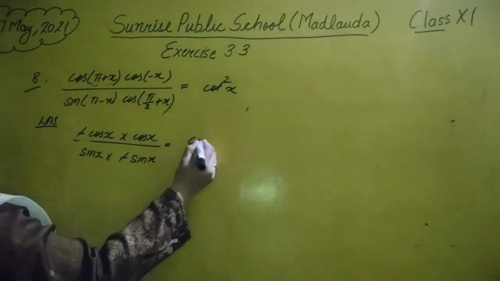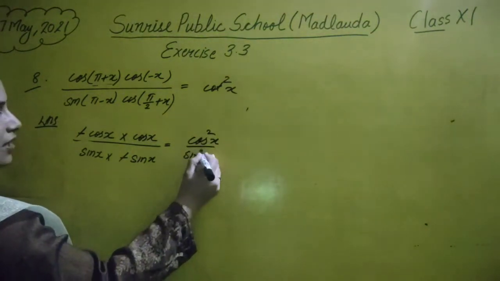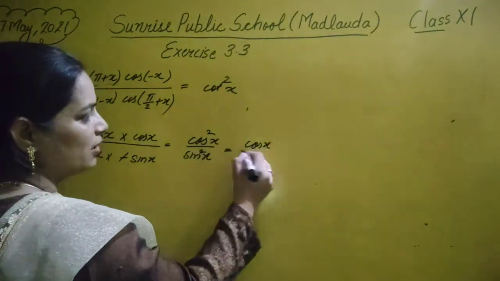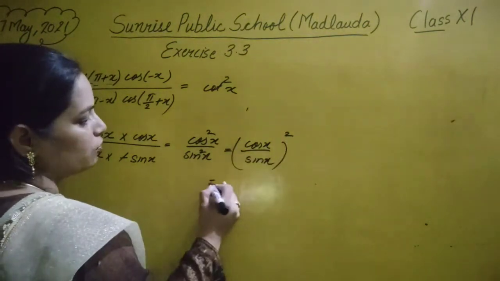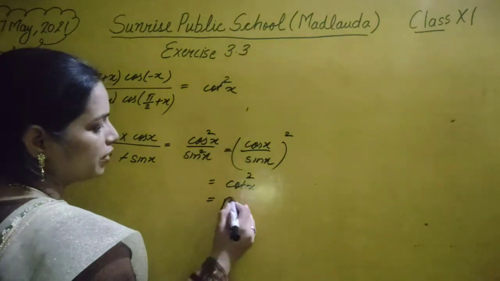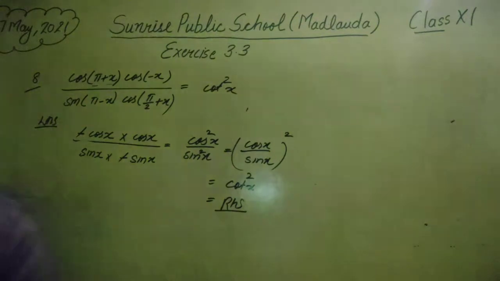Cos into cos will be cos square x, sin into sin, sin square x. We will take the power as common, cos by sin whole square, and we know that cos by sin is always cot x. So the value becomes cot square x, that is equal to the right hand side.